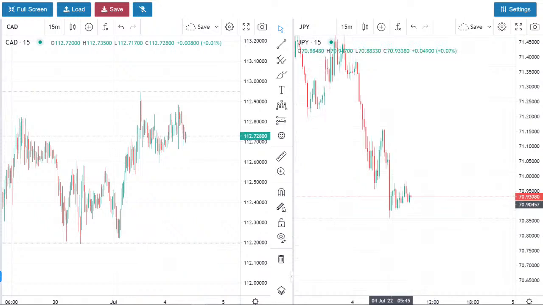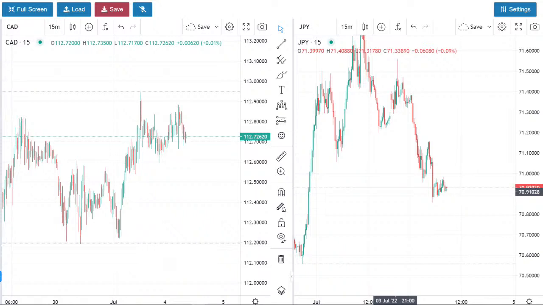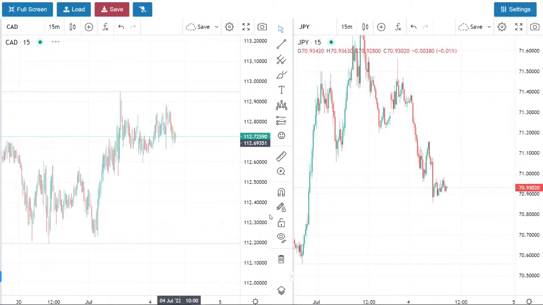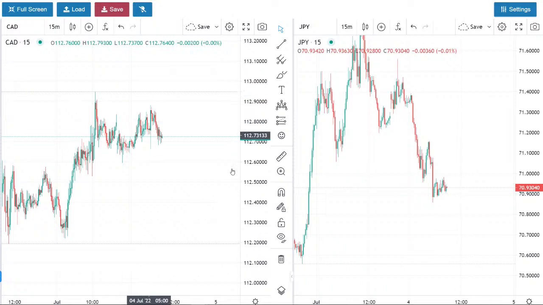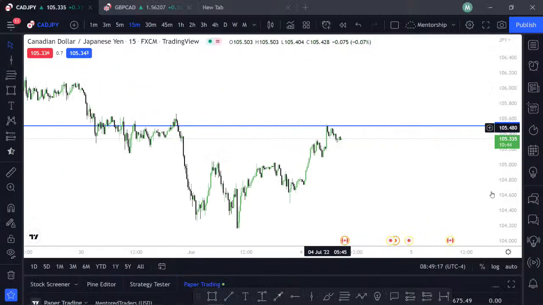Okay, since about 5 o'clock in the morning, New York time, the Canadian dollar has been consolidating, rather the Japanese yen. But it gave us a drop here at midnight. The Japanese yen gave us a drop at midnight. Okay, it gave us a drop, but the Canadian dollar is still doing what? It is still consolidating. So on CAD JPY we have a small trend and a small consolidation.